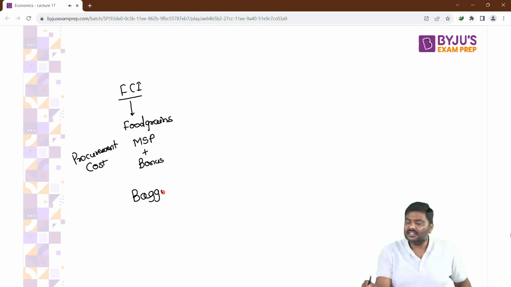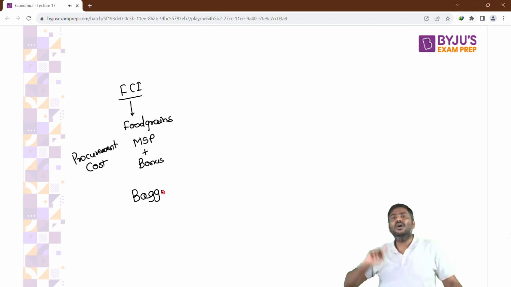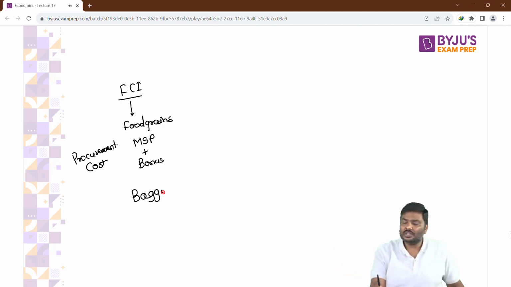Storage charge. You will move these food grains to respective states, let's say, and you will ask a certain person to distribute all of these food grains. Can I say there also certain charges will be incurred? Can I call this distribution charges?